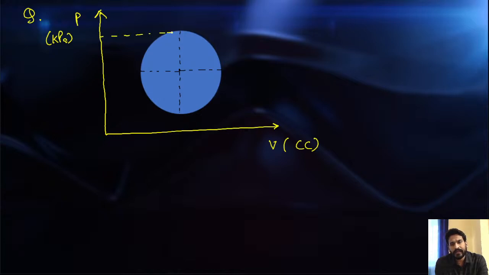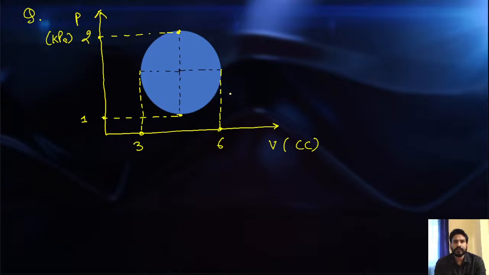Here at this point, the value of the pressure is 2, and at this point the value of the pressure is 1. At this point the value of the volume is 3, and at this point the value of the volume is 6, right?